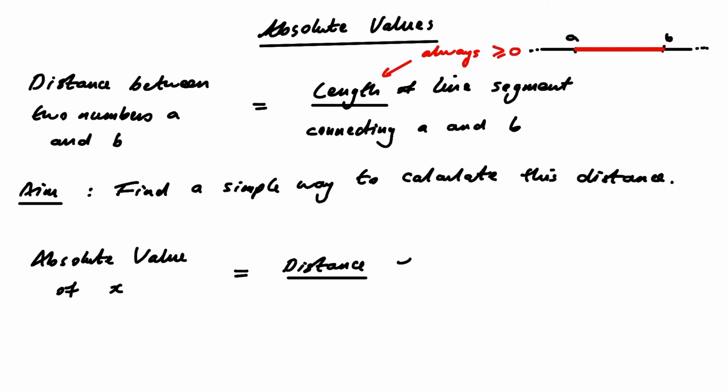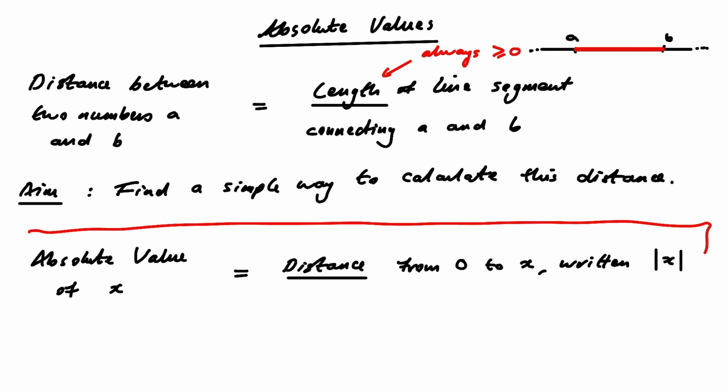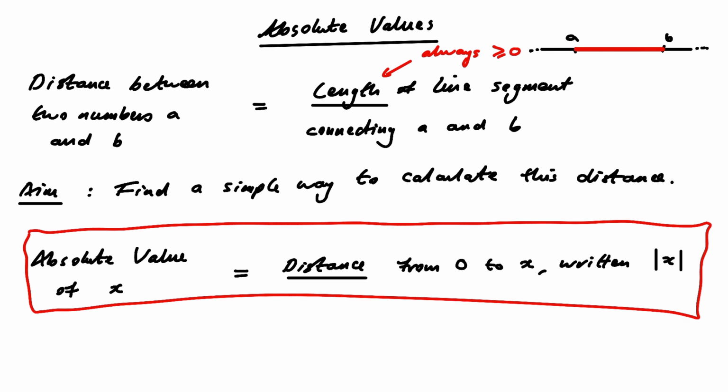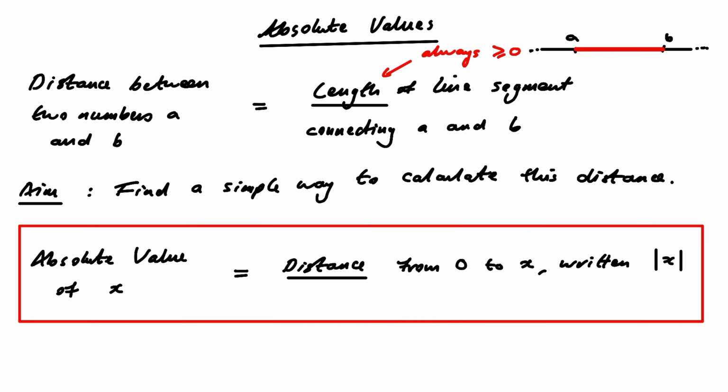And of course we write this in familiar notation, it's written as two vertical lines like this. We've already seen this. Right, so let's make sure this is highlighted. This is important, right? This is a definition. At least a pretty good intuitive definition.